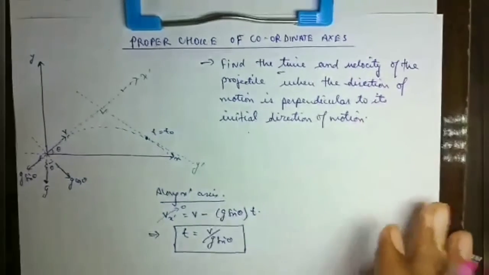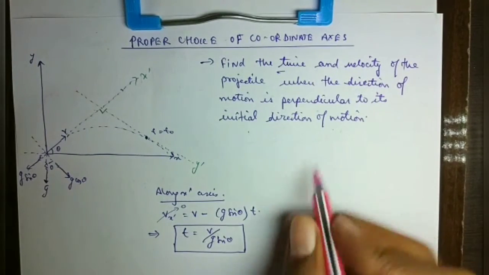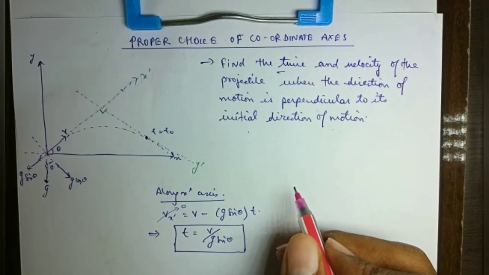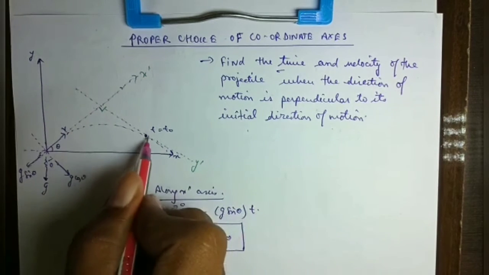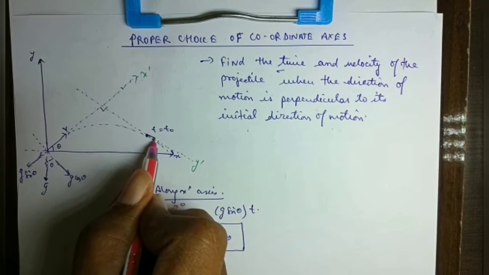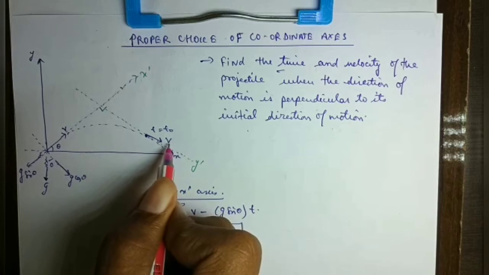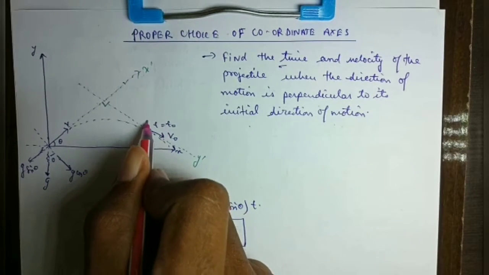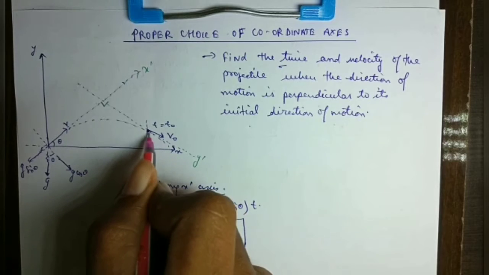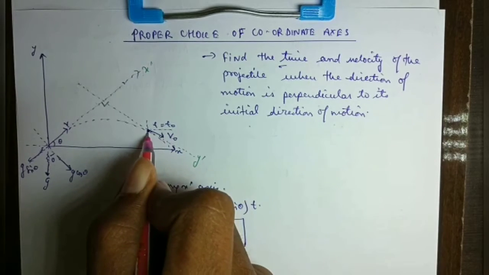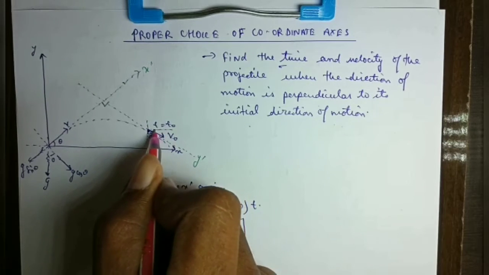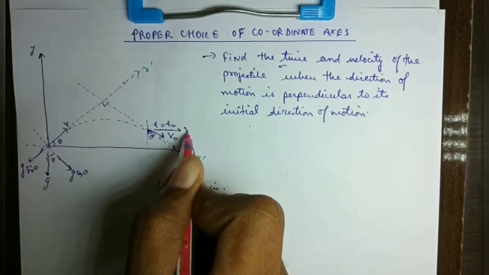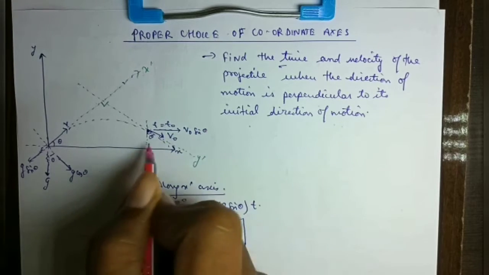Now it's time for finding the velocity. So how do we do that? Assume that the velocity at this instant is v naught. With the help of a little geometry you can determine that this angle is theta, and this horizontal component is v naught sin theta.